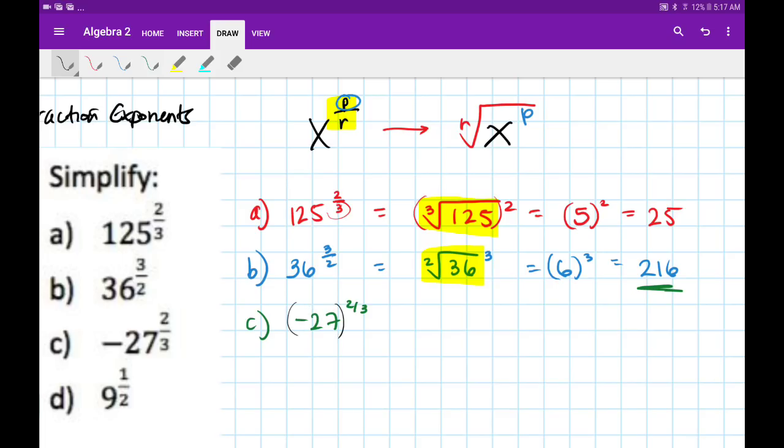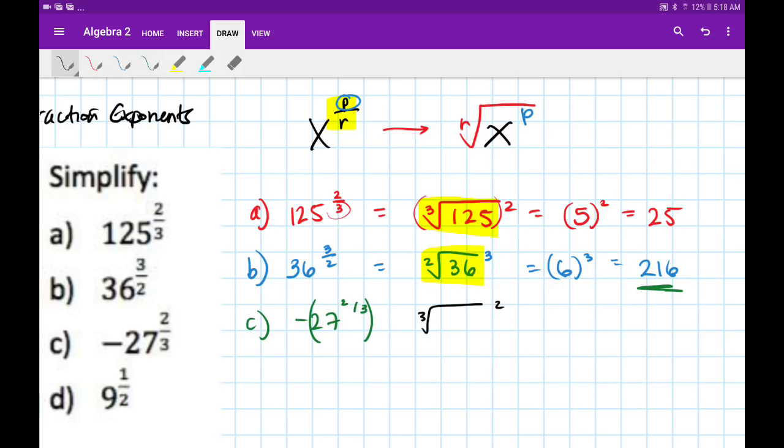So that means I'm not taking the cubed root of negative 27 and then squaring it. That's not what's happening. Instead, since there is no parentheses here, I just add that negative on at the very end. Okay, so I'm only taking 27 to the 2/3 power.